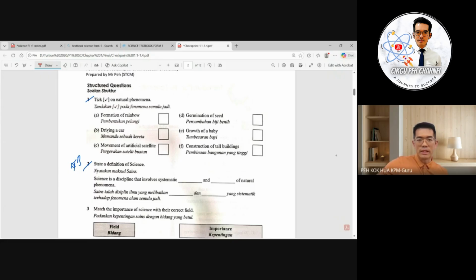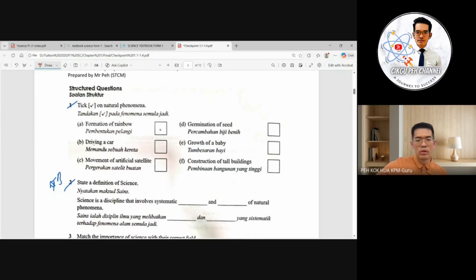Okay, so here, tick on natural phenomenon. Catherine, we have page number 2, structure question number 1. So Hao Xuan, A, B, C, D, E, F, you just give the alphabet which is the answer. Rainbow occurrence, yes. D, germination of seed, yes.